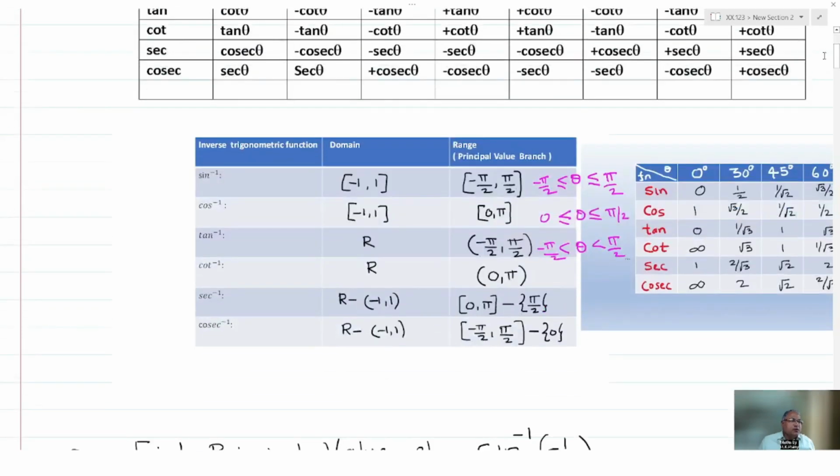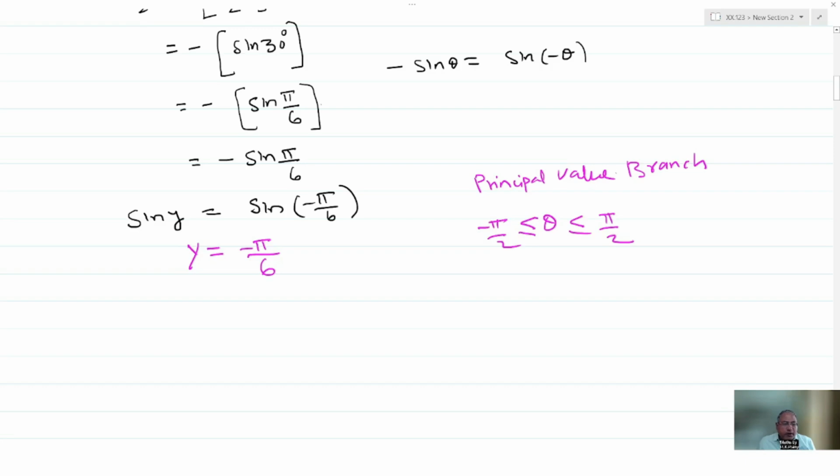In this table, the principal value branch for sine inverse function is greater than or equal to minus pi by 2, less than or equal to pi by 2. And our result is y equals minus pi upon 6. So minus pi upon 6 is greater than minus pi upon 2 and less than pi upon 2.